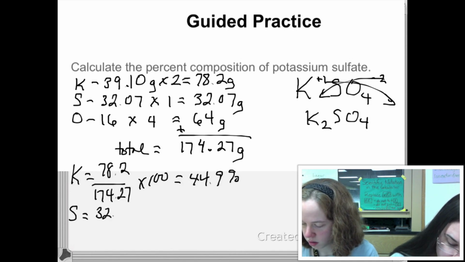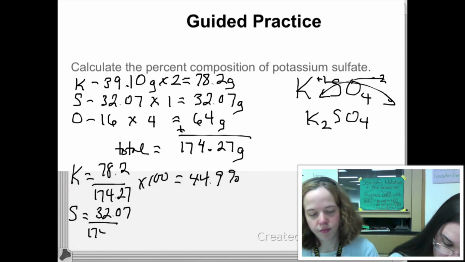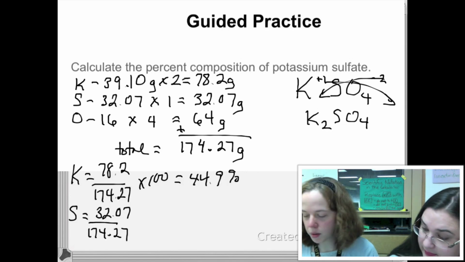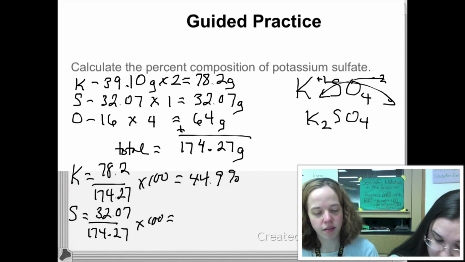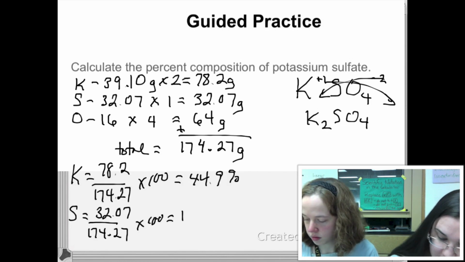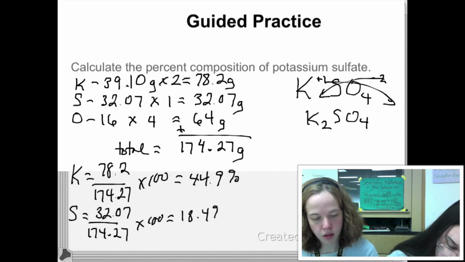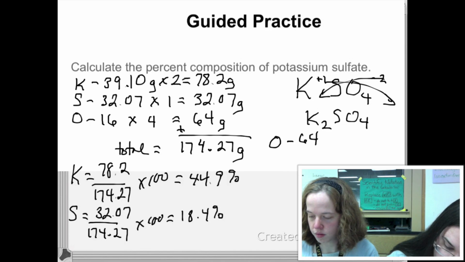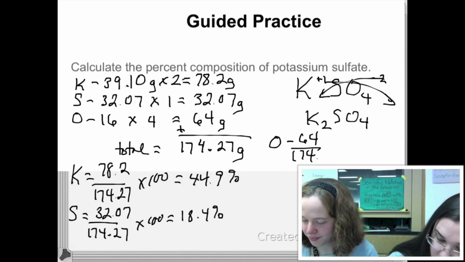And then we'll do our S, 32.07 divided by 174.27 times 100. And we're going to get 18.4%. And then my oxygen is 64 divided by 174.27 times 100.